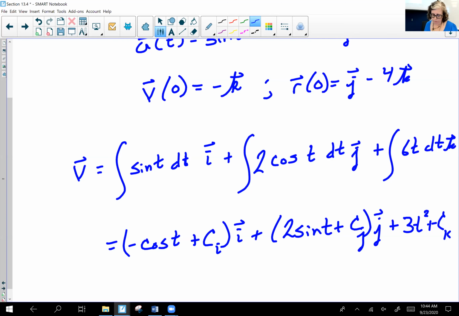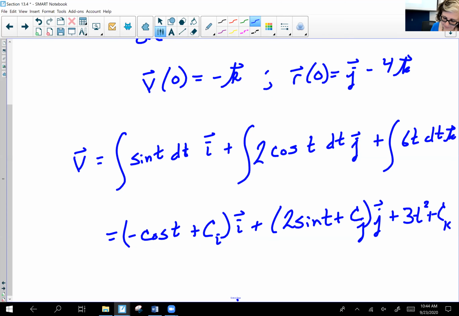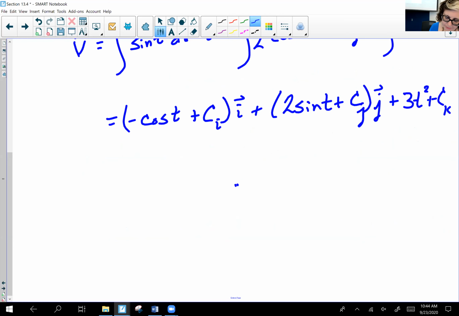Now, we have information about this, don't we? The information we're given is the fact that V0 equals negative k.